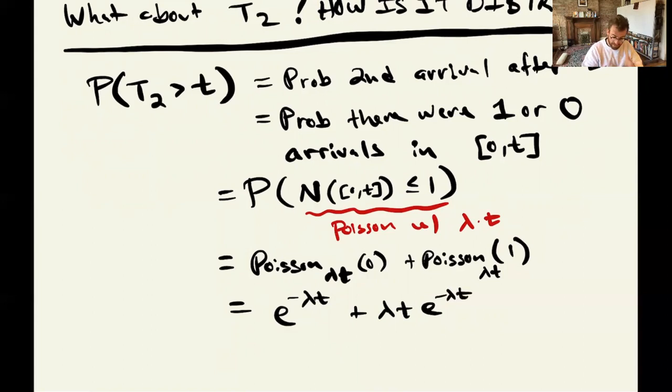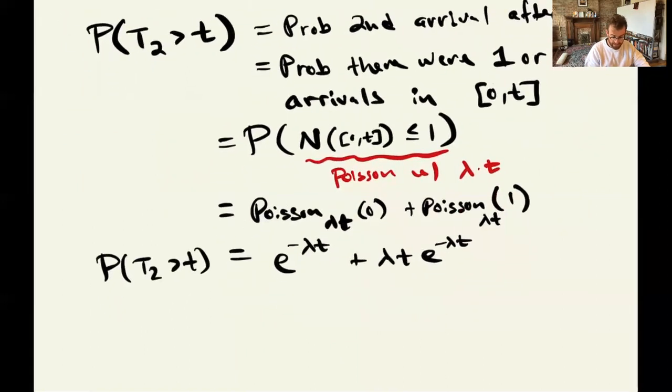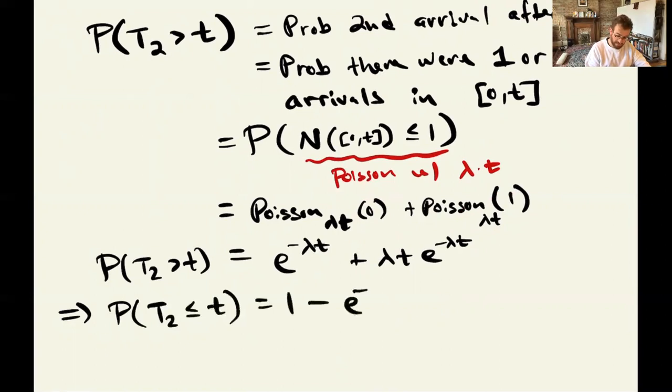Because again, normally this is lambda t to the k, divided by k factorial, but k is 1 in this case. So we've now determined that the probability that the second arrival happens after time t is this function. So consequently, the probability that t2 occurs before t is 1 minus this.